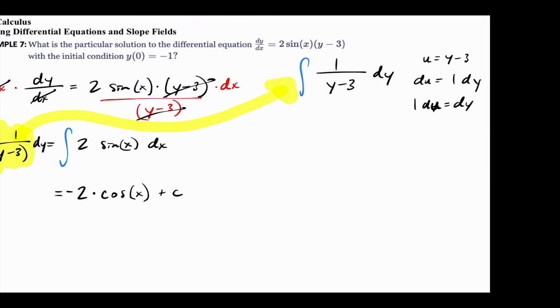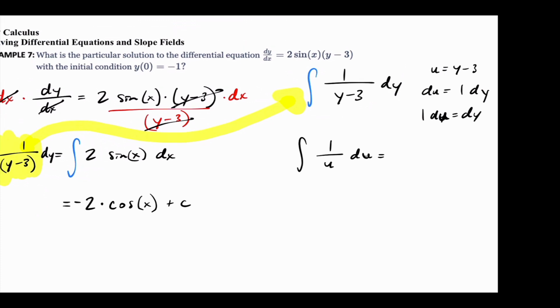Okay. Put everything back in. 1 over u du. So we can't change 1 over u to a power, because it's just u to the negative 1.